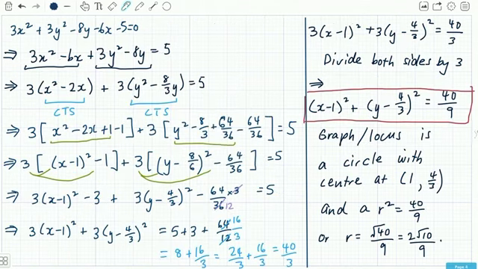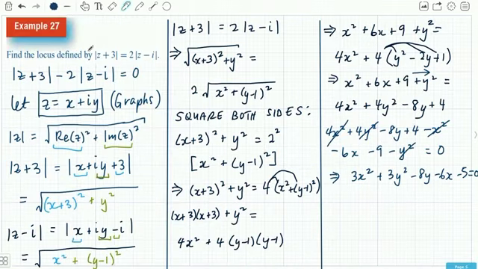Now a nice result that is in your textbook, and I'll put this on this page here in red.